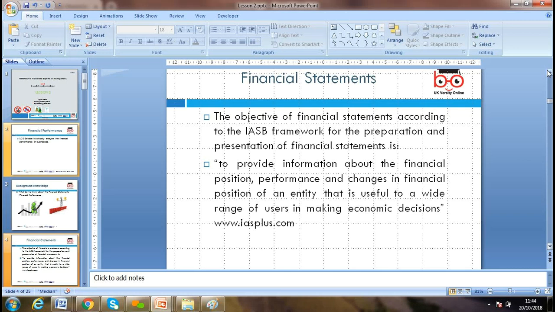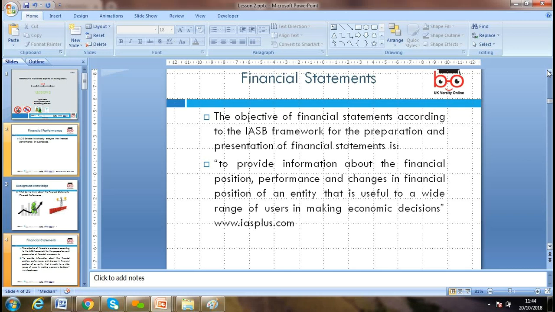So financial statements provide information about the financial position. What is the position of the company in terms of assets, liabilities, and investment? What is the performance? What happened last year, this year? Their assets increased, their assets decreased, what happened? All this is shown in the financial statements.